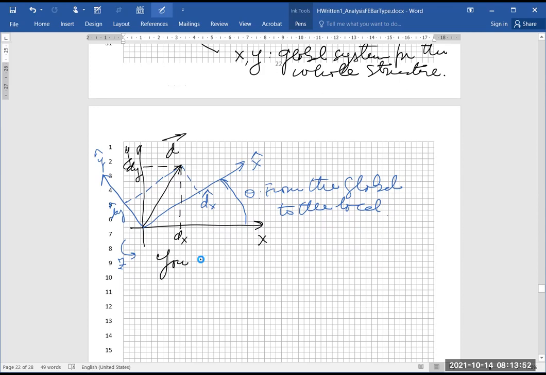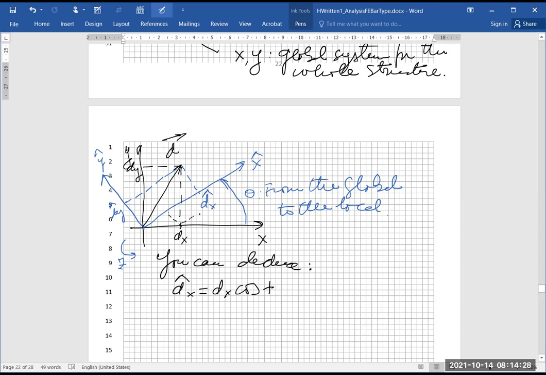You can deduce the following: the dx local, that's from here to here, you can have that as a combination of this value, from here to here, that's going to be dx cosine, plus, and you need from here to here.